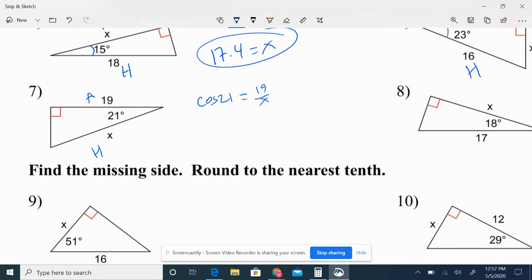Okay, so the x is not on top, it's at the bottom. So let me multiply both sides by x to get rid of the fraction. So I have that x times cosine of 21 is equal to 19. So I have that x is going to be 19 divided by cosine of 21. I'm going to divide both sides by cosine of 21.